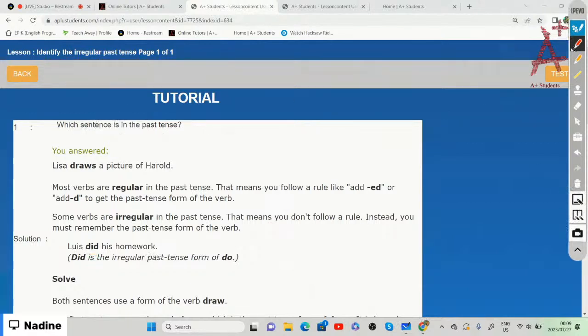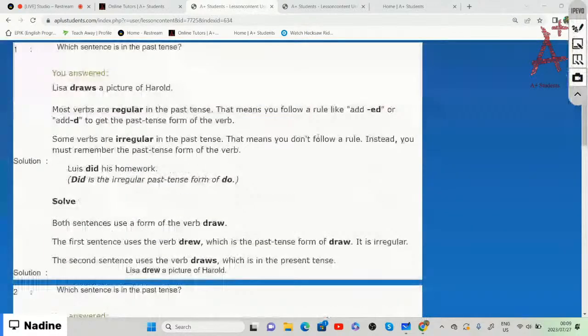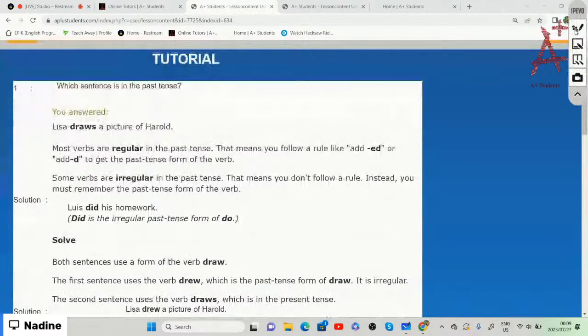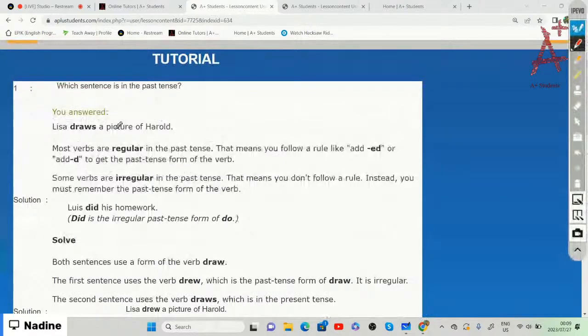All right, if we now look at the one sentence, it says, which sentence is in the past tense? Lisa draws a picture of Harold. So the word in bold, which is draws, we need to change to the past. It says both sentences use the form of verb draw.